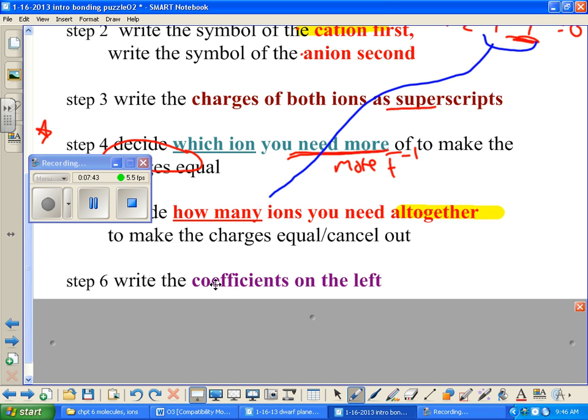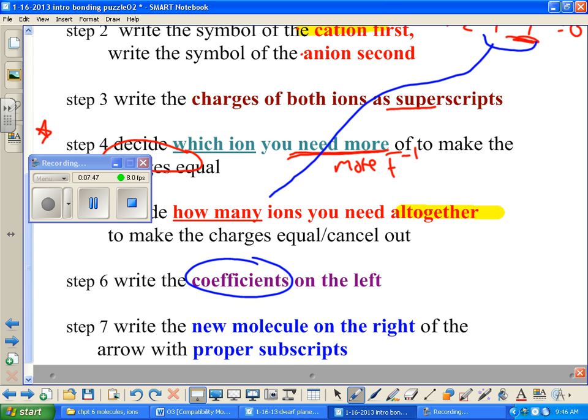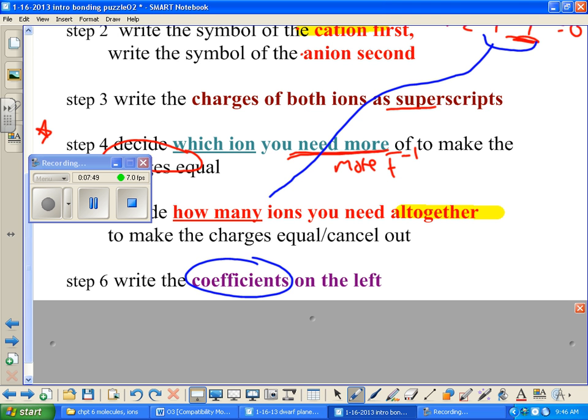How many more steps do we have? One more. A coefficient is a number written in front. In math class, when you say 2x, the 2 is a coefficient.